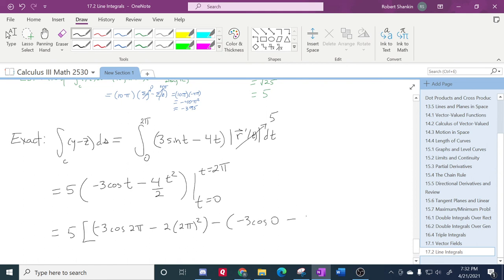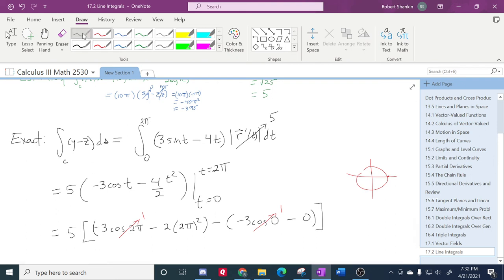And then that becomes 0. All right, now, cosine of 0 is 1. The cosine of 2 pi is 1. And I know that because it's the x-coordinate of this point right there.